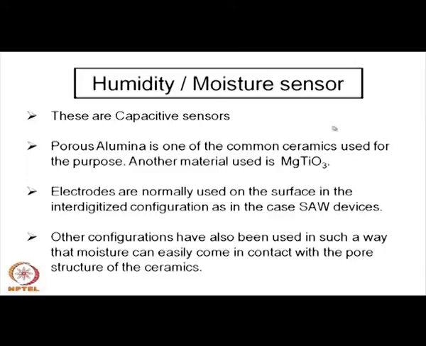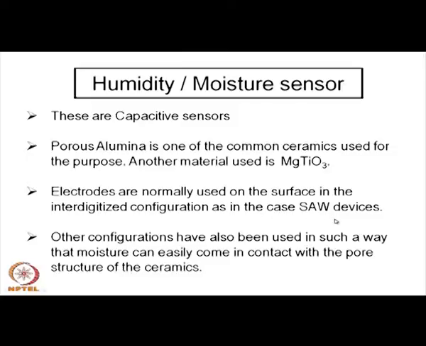Just like porous alumina can be very well used as a humidity sensor, the capacitance changes and one can have the variation of capacitance as a function of moisture content. The electrodes are normally used on the surface. It is not the bulk capacitance one measures, it is basically an interdigitized configuration as we have seen in the case of a SAW device.